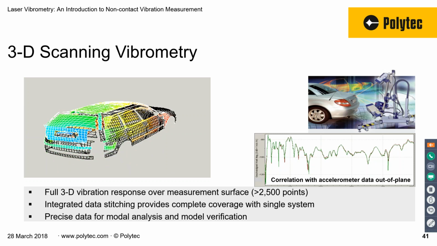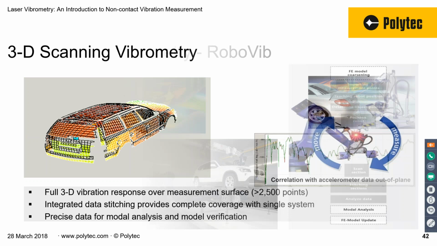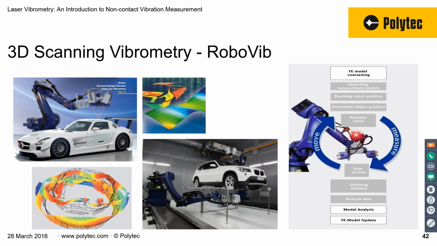So if we take that one step further to a robot-based 3D measuring vibrometer that can rove all around the vehicle, we scan a certain area. We then use the robot to move the three heads to a different area and repeat the scan. So the system knows from the robot exactly how far those three heads have moved.